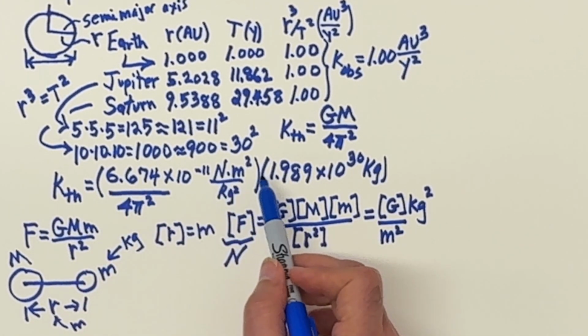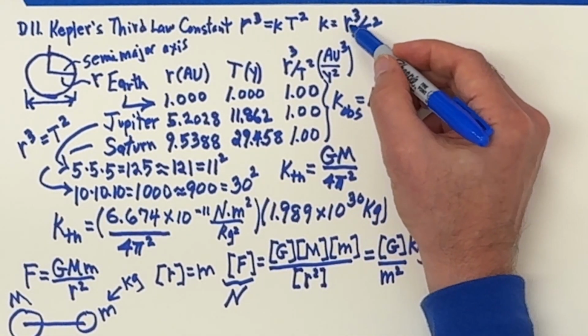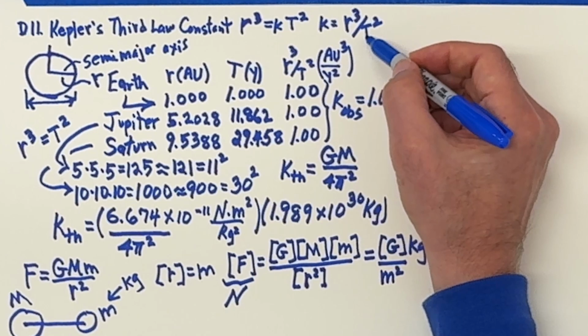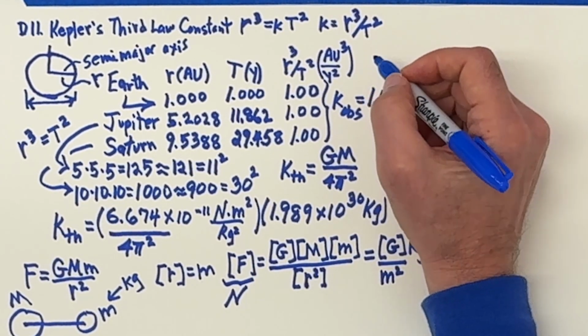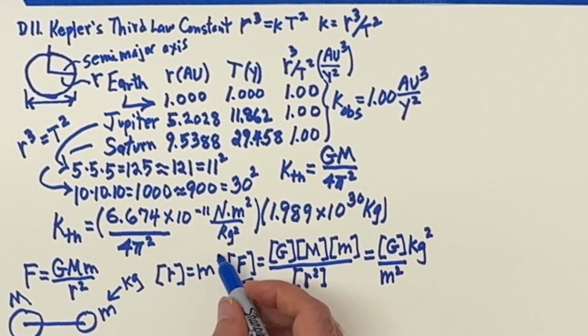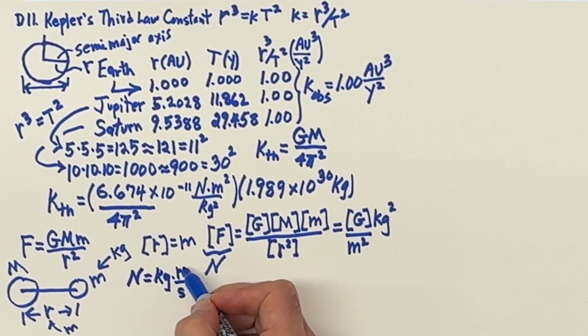Now, what about the units for K, the Kepler's third law constant? Well, we know that's going to be a length cubed over a time measurement squared. So let's go ahead and check that. To do that, I'm going to write down Newton, F equals ma, which is then kilogram for m, and meter per second squared.